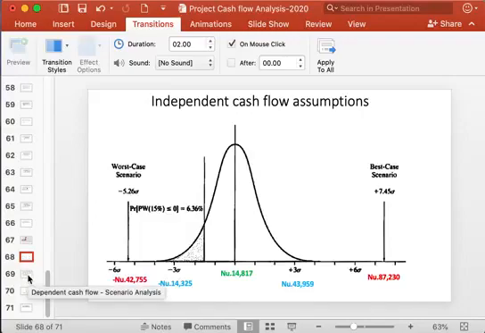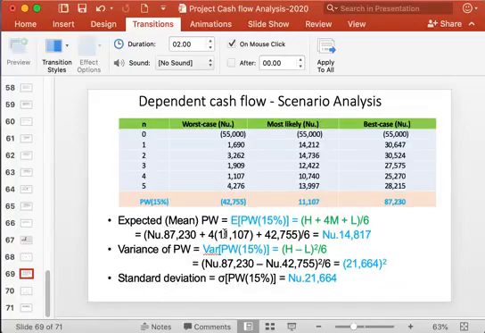Okay, so now moving on further. So far we assumed that the cash flows, each year's cash flows are independent.